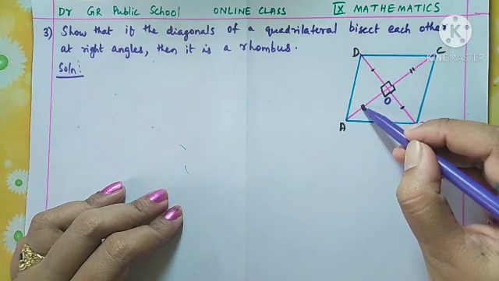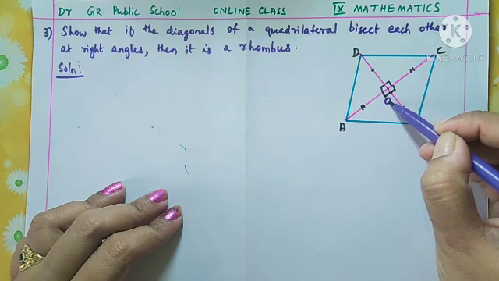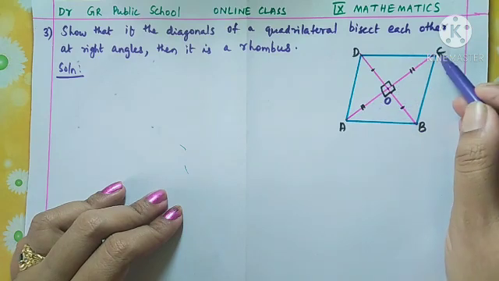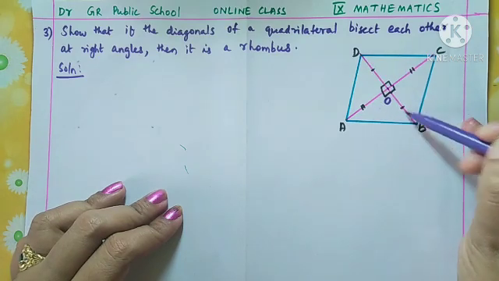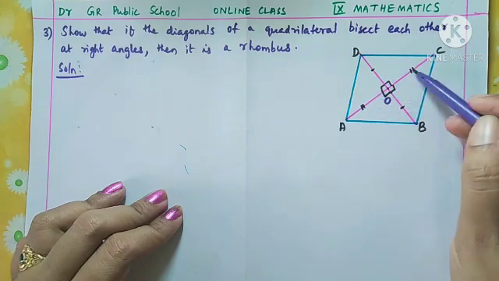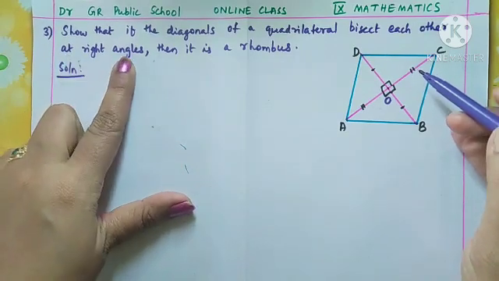So here you see this portion, if they are intersecting at a point O, so that we can say OA equal to OC and OB equal to OD. Okay, that means bisected each other. They are dividing equally, and also given they are cutting at right angles.